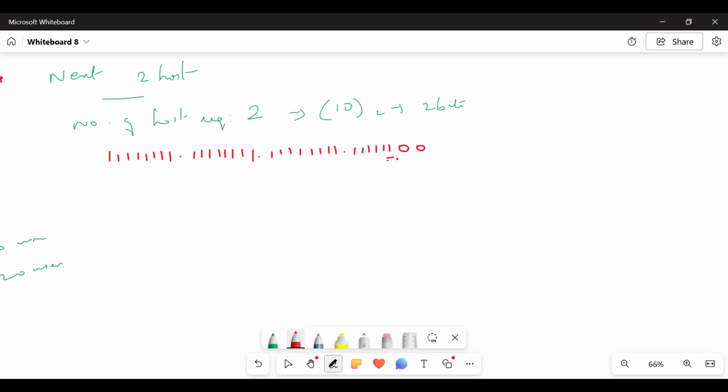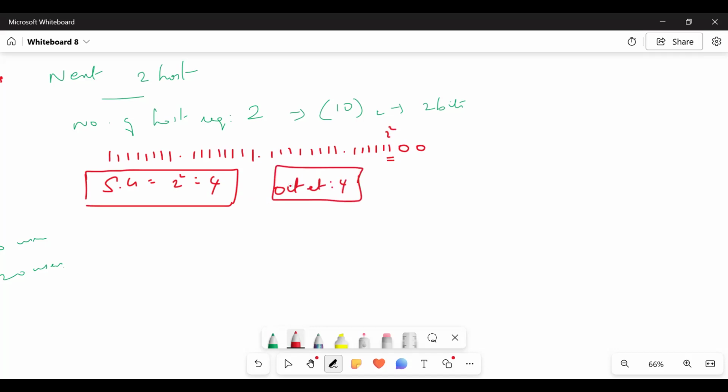So this first one is encountering 2 power 0, 2 power 1, 2 power 2. What is your subnet generator? That is 2 power 2 is equal to 4. Subnet generator is 4. What is the octet position? Octet position is also 4. What is our new subnet mask here?